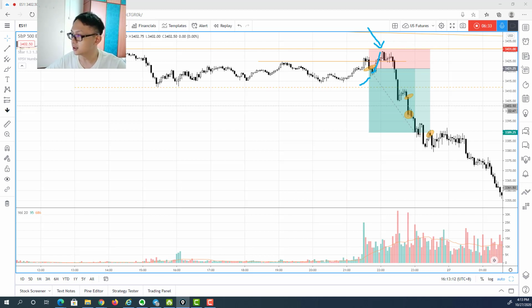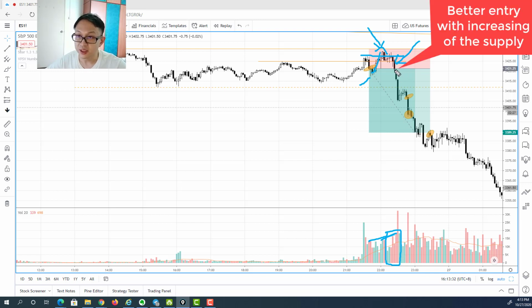I think this would be a much better entry, where there is an upthrust, a false breakout, and then followed by the failure with the increasing of the supply level. This is a lot clearer to me. In this portion here, we have definitely seen increasing of the supply.